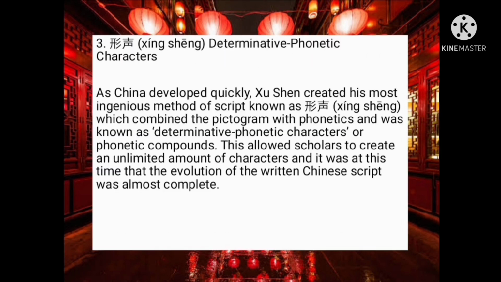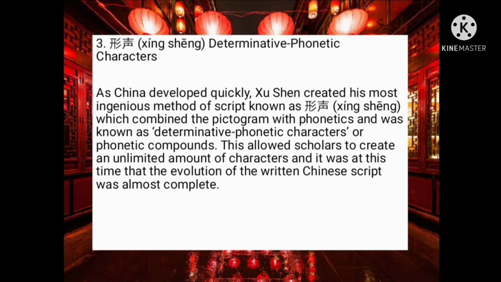Number 3. Xingsheng, determinative phonetic characters. As China developed quickly, Xu Shen described his most ingenious method of script, known as Xingsheng, which combined the pictogram with phonetics and was known as determinative phonetic characters or phonetic compounds.